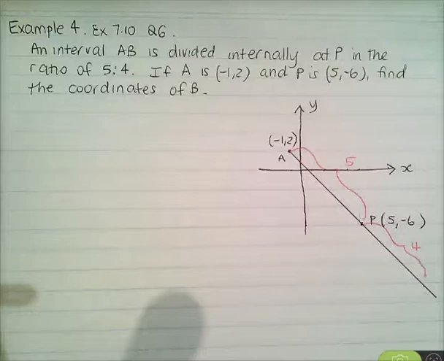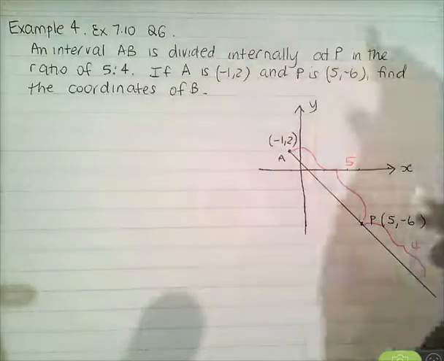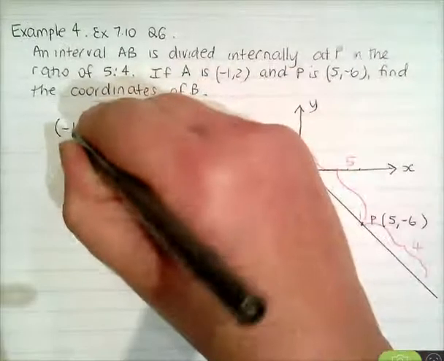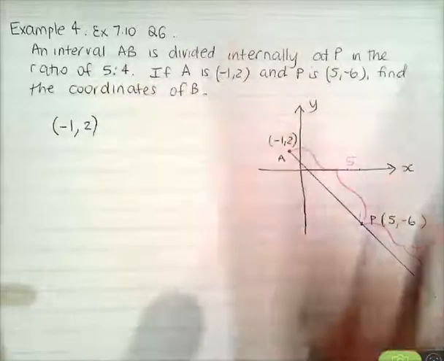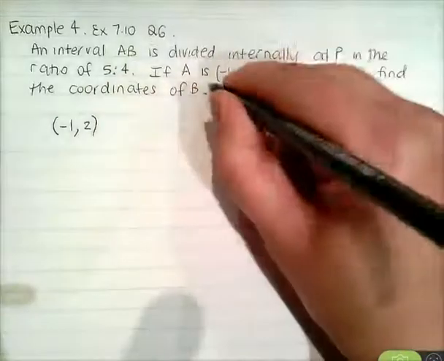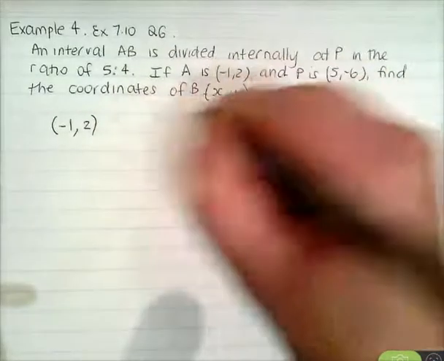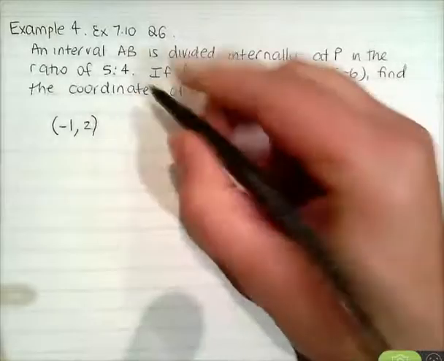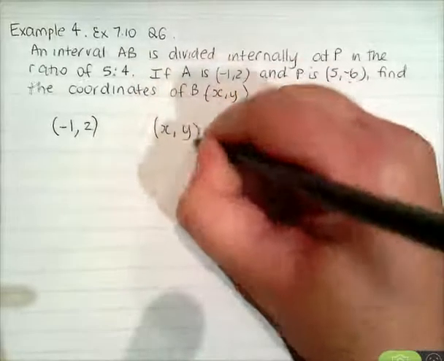Okay, so I'm going to start the question. I'm going to write my 2 points up. I've got (-1, 2), and I'm going to let B's coordinates be (x, y).